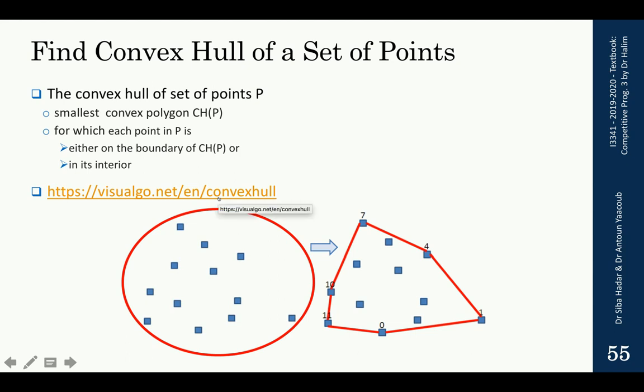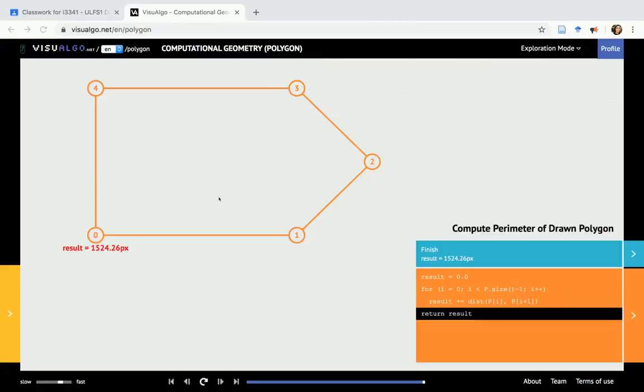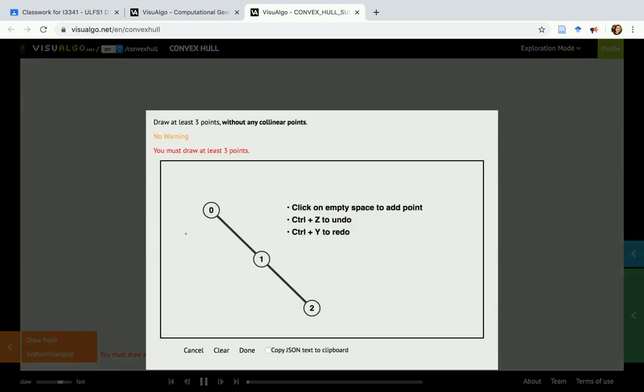Let's click on the visual animation. To see the Graham scan, you must draw at least 3 points. So let me draw the set of points.